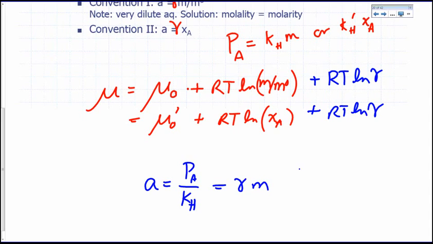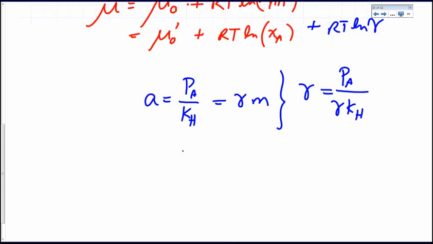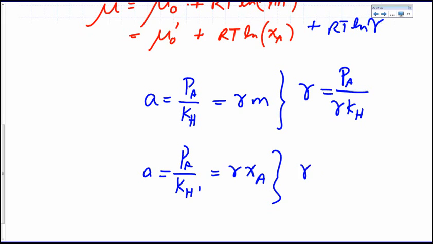So if I know my molality, gamma will just be equal to P_A over K_H times molality. Or if I say P_A over K_H prime is my activity, then that must be gamma times mole fraction of A. So if I know my mole fraction of A, I can solve for gamma.